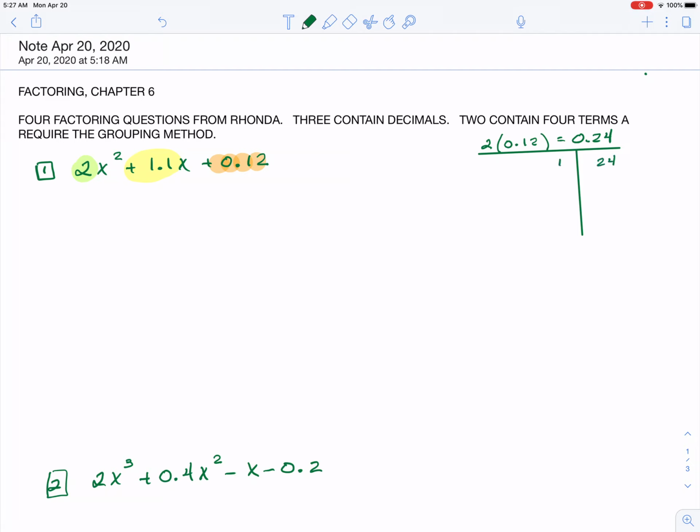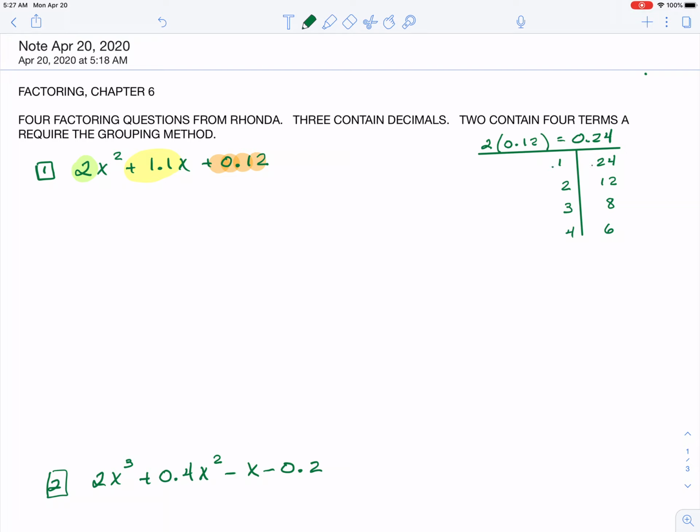Now you've got a lot of combinations here because you can place this decimal in a lot of different positions and still get a product of 0.24.